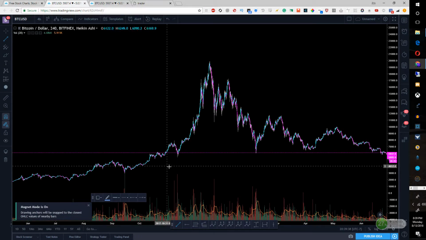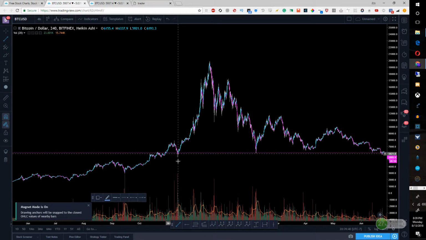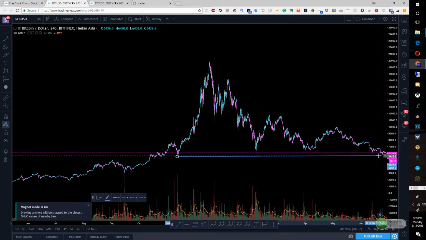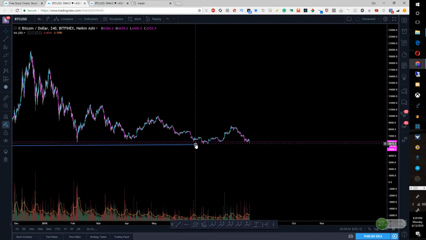But just getting it started, we're going to pop on the normal trend lines, obviously from this low over to here.